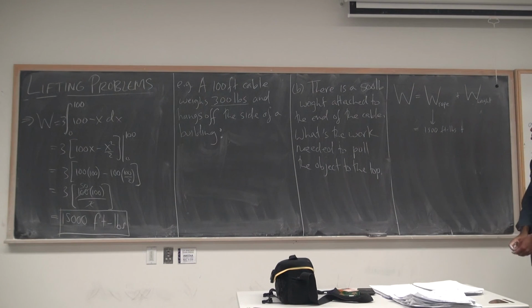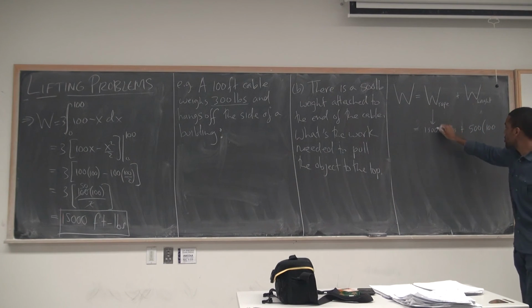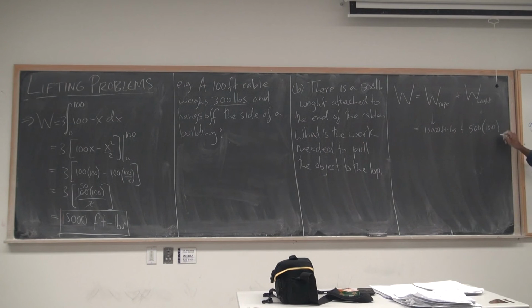Force times distance, because it's a constant force. The thing just weighs 500 pounds, so pretty much force times distance. Is it 1,500 or 15,000? 15,000. I'm done. That's basically it.